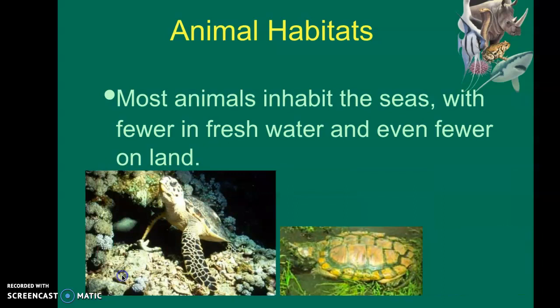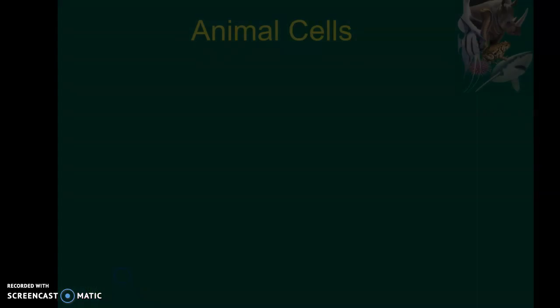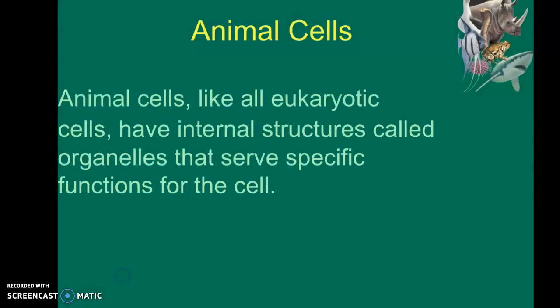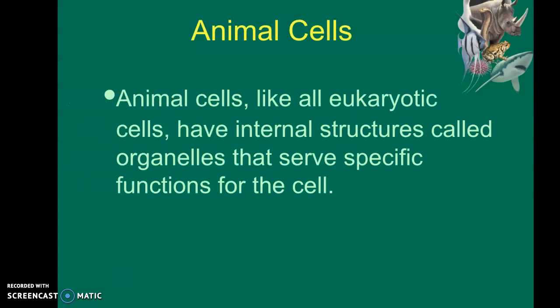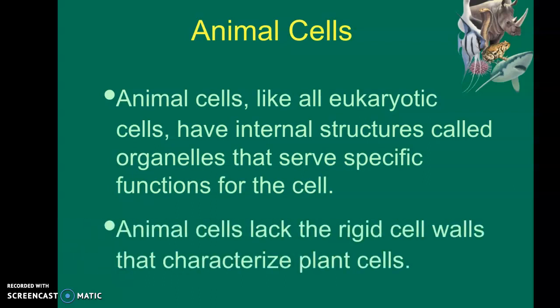So most animals are living in some form of water. If you're looking at animal cells, they are eukaryotic. They have internal structures we call organelles, and each organelle has a specific function for the cell. They are kind of like mini organs that help the cell to run and function. They do not have cell walls like you see in plants.